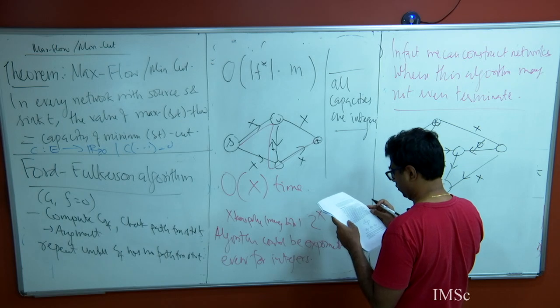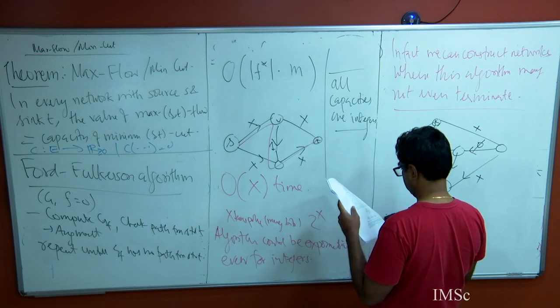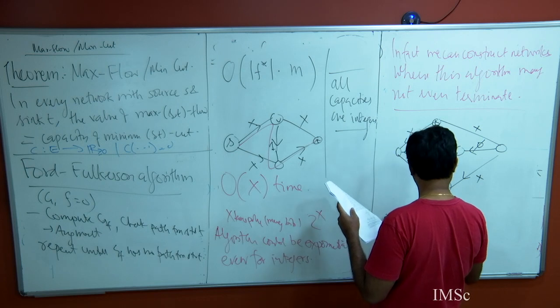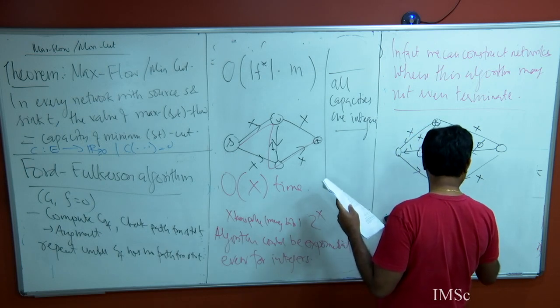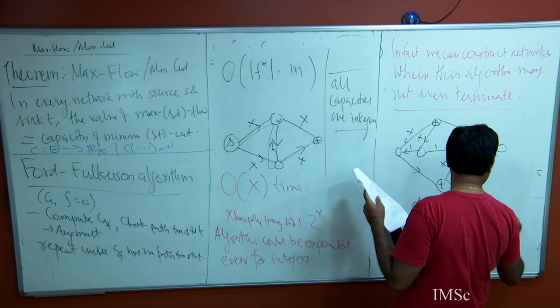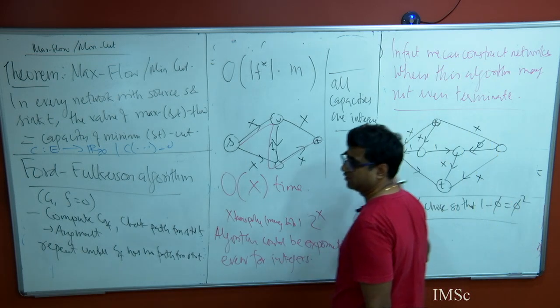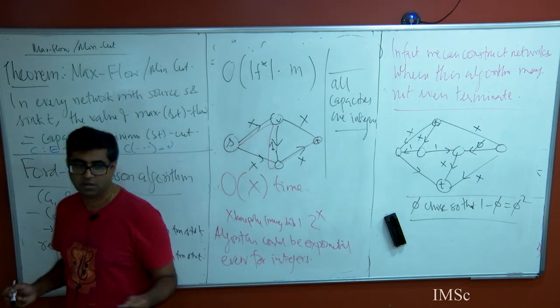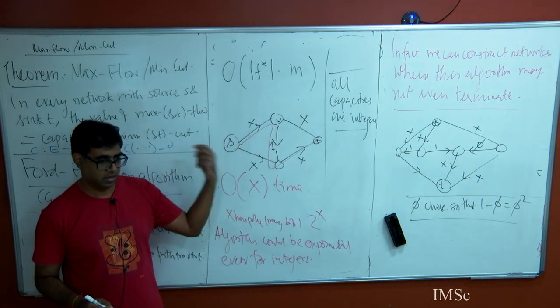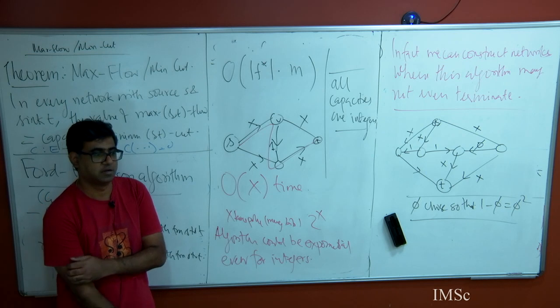Where what is phi? All of you know, right? Where phi is chosen so that 1 minus phi is equal to phi square. So this is basically the golden ratio. You can show that this will never terminate. So if you have an irrational number, there are possibilities that this will never even terminate.